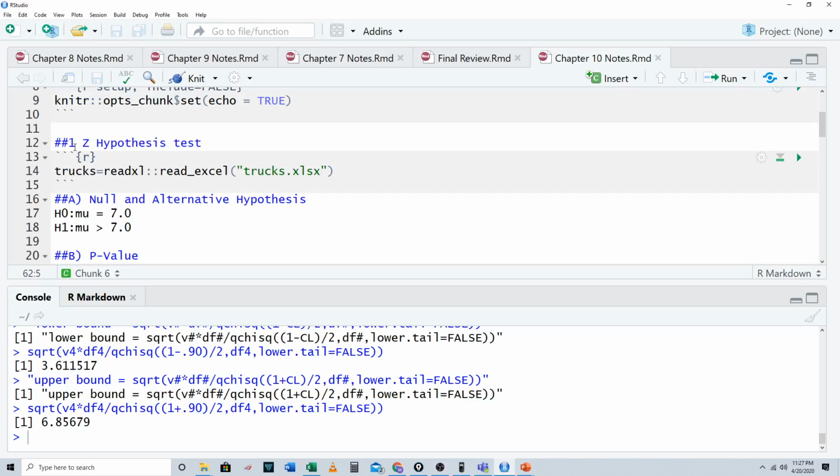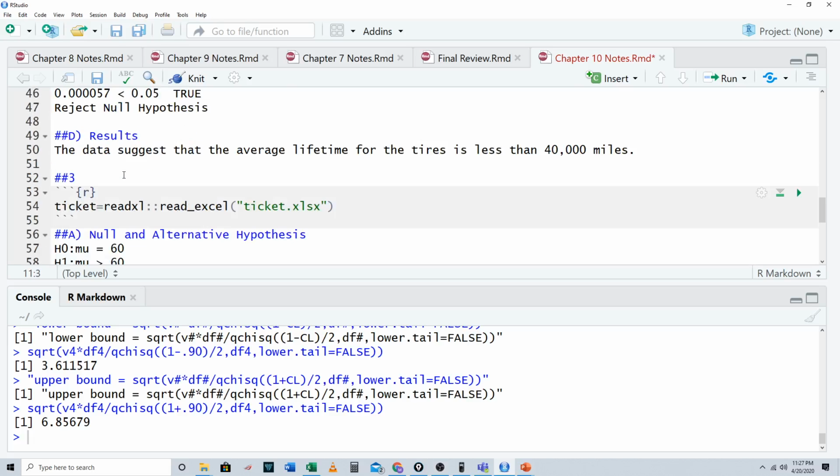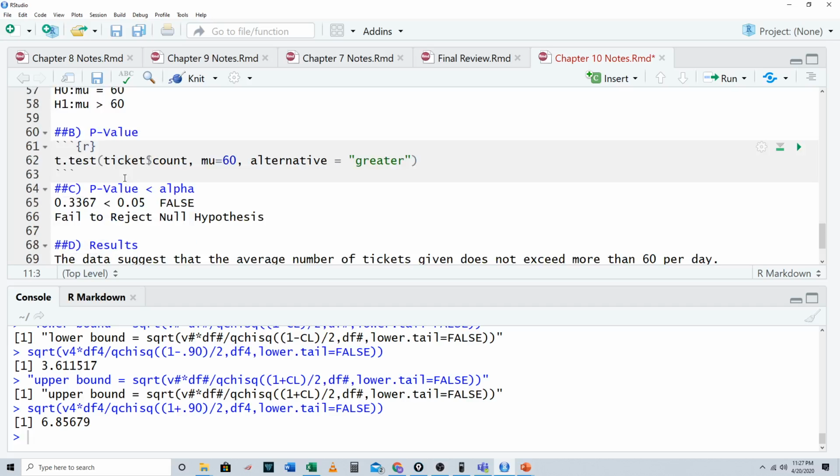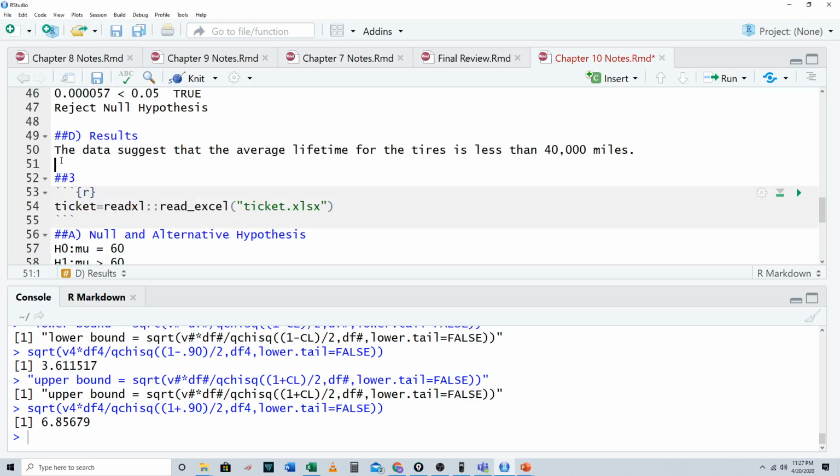Sorry, 10.2. I'm already starting to crash. 10.2 is Z. And then we have 10.3 T.